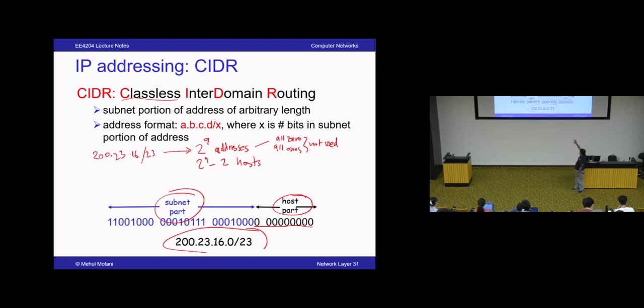Right? I told you this, when it's all 0s, you give it a special status. Does anyone know what the all 1s is used for? Suppose I take this part here.